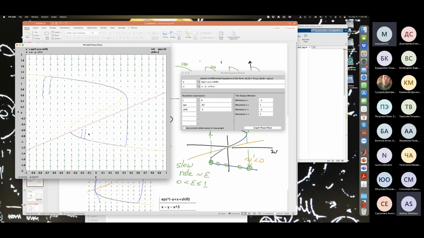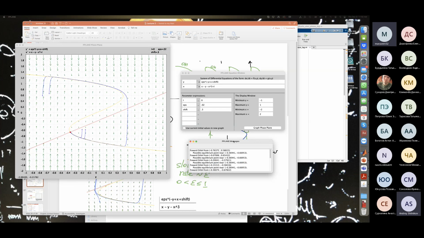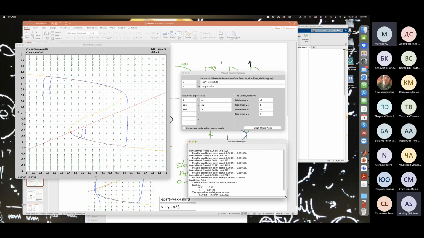Okay, and what I can do, I click here, and it says find an equilibrium state, find equilibrium realization. I click here, and oops, no, do it again, find an equilibrium state. Click, and basically the people who designed this Java app use the Newton algorithm to find zeros of the function, and then they compute the Jacobian matrix at this equilibrium state.